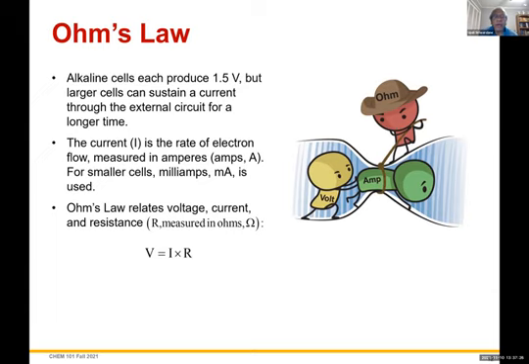I is the current that flows through the wire. R is the resistance. The red guy in there controls the resistance. The higher the resistance, the more difficult it is for electrons to flow, so therefore less current for a given chemical cell. So that's called Ohm's law.